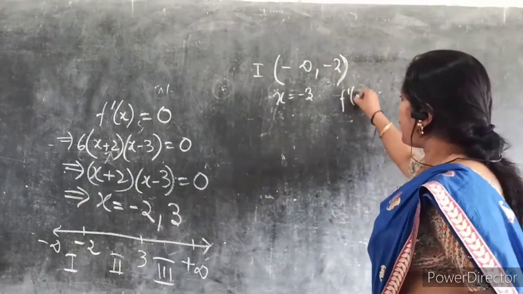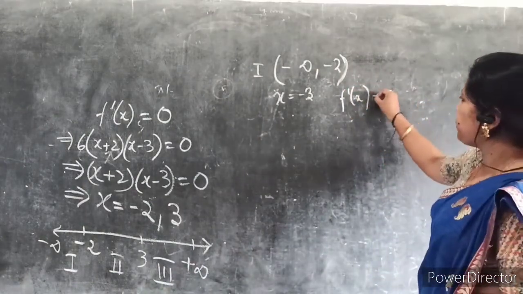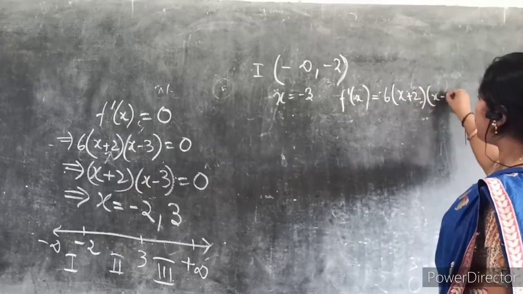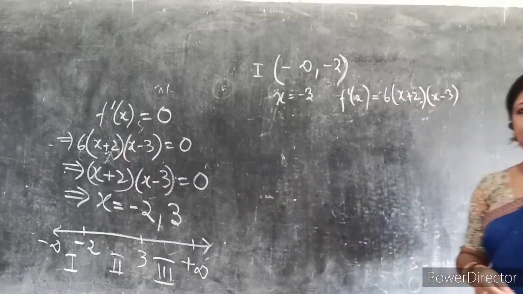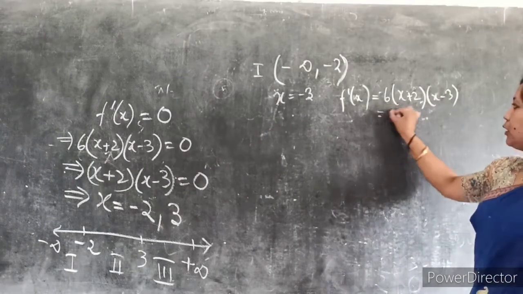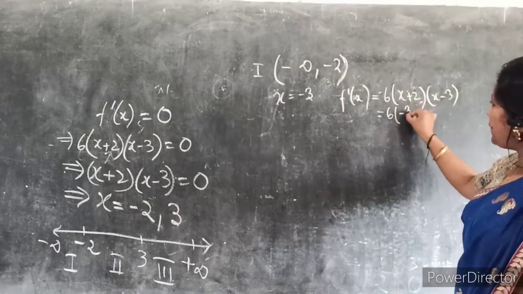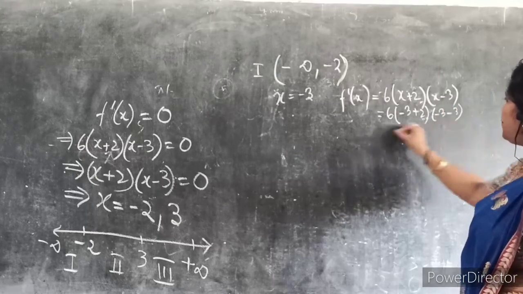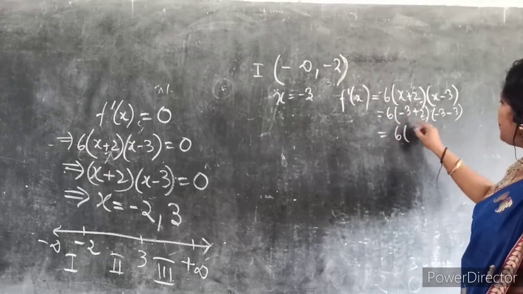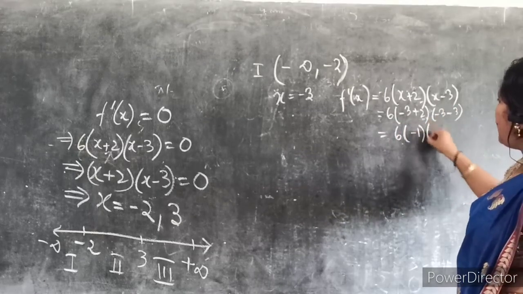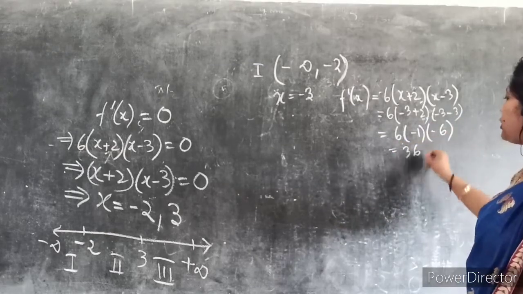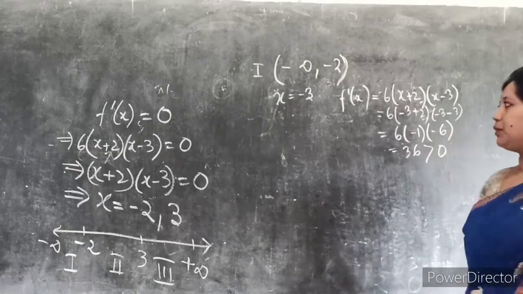So f dash x, here you are getting 6 into x plus 2 into x minus 3. So let us find what is the output here. 6 into minus 3 plus 2, minus 3 minus 3. So we are getting a positive number, that is greater than 0.